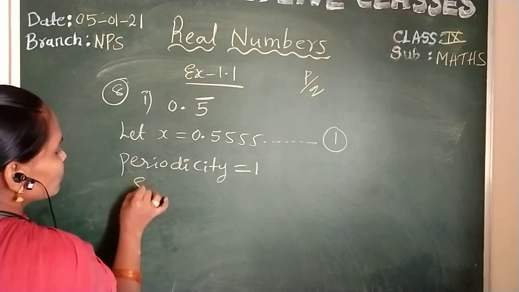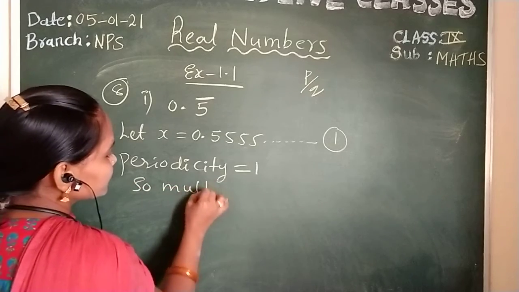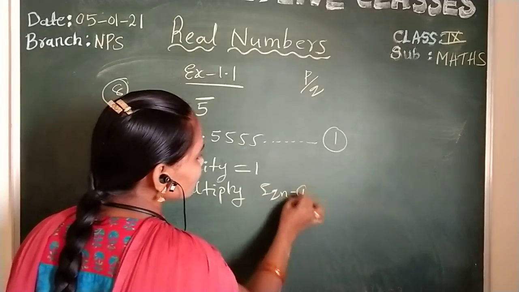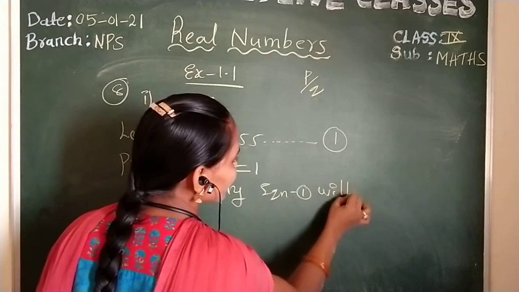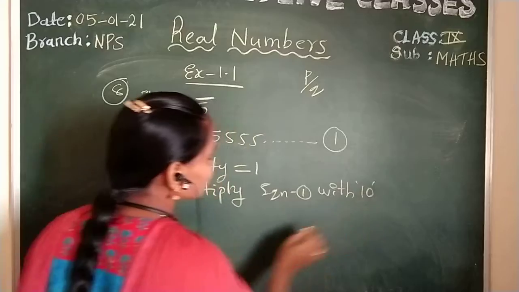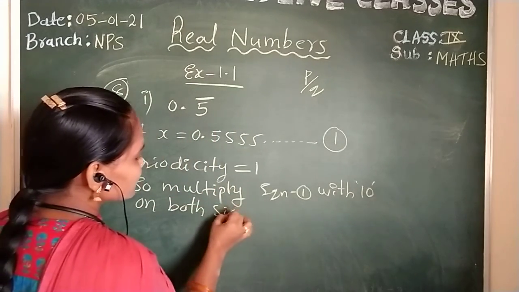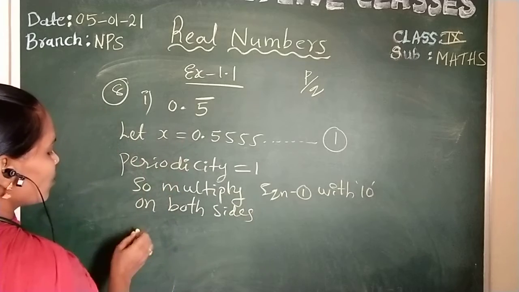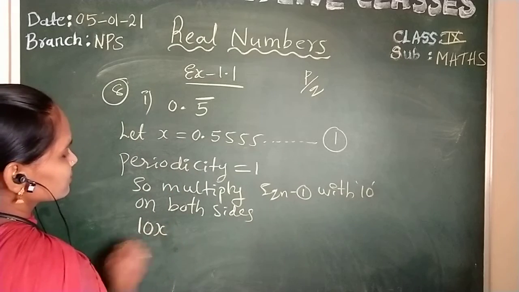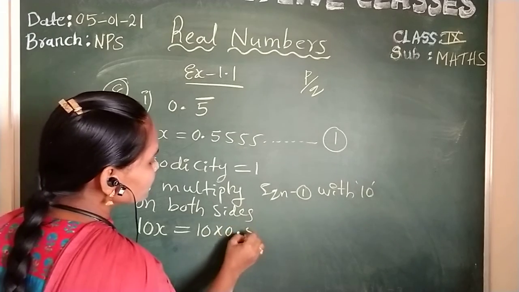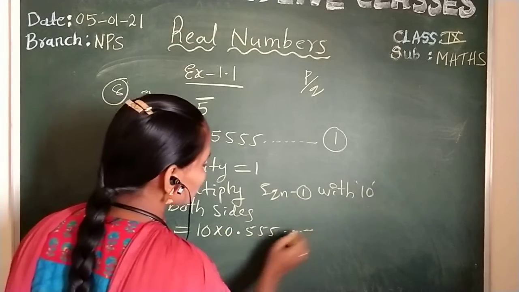So multiply equation 1 with 10 on both sides. Now 10x equals 10 into 0.55 and so on.